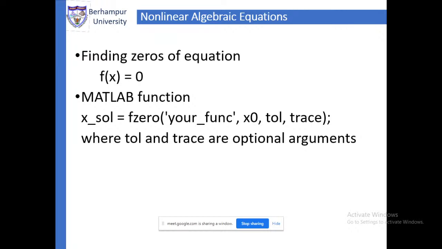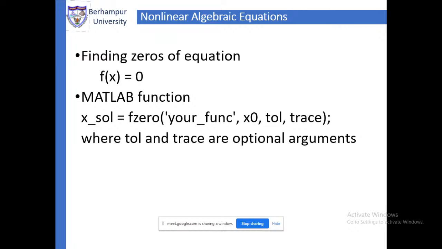Now, finding zeros of an equation. One function is given to you and you want to find the roots of the function. How to find the roots? Equate the function to 0, so f of x is equal to 0. Then solve it. The solution is x, the value of x for which f of x is equal to 0. On the right hand side you write f0, and within brackets whatever function you have defined.